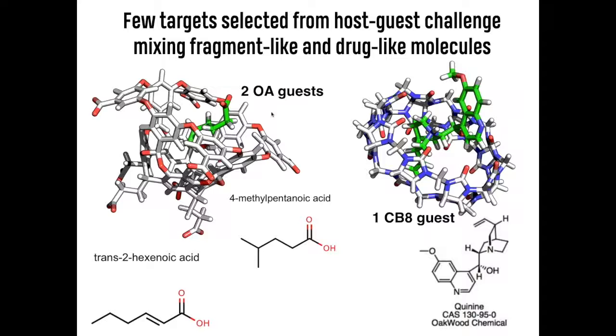So we extrapolated two hosts and 3 ligands from the main host-guest challenge, the original octa-acid and the cucurbiturils. The reasoning was to mix fragment-like guests with more bulky and drug-like guests. We also picked 2 of the octa-acid guests because we were hoping to have relative free energy calculation submissions. Unfortunately, we didn't have any.